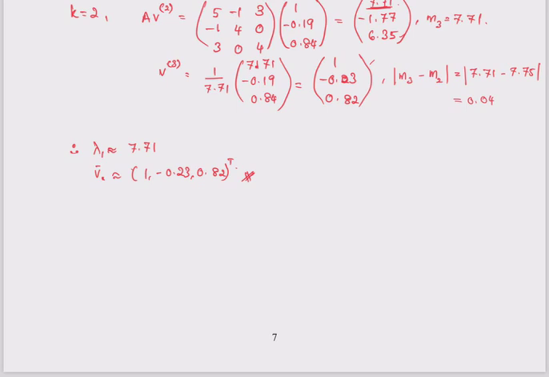Maybe for this one, for example, you will get 7.69. Please check. Okay, but this is how we use the power method to determine our largest eigenvalue for the given matrix.